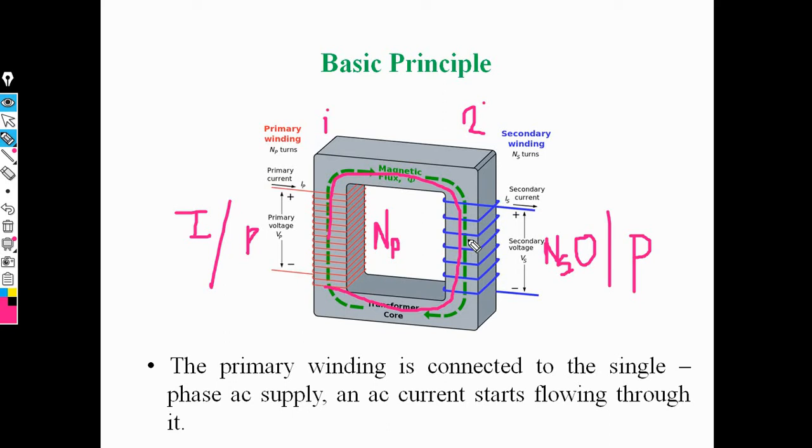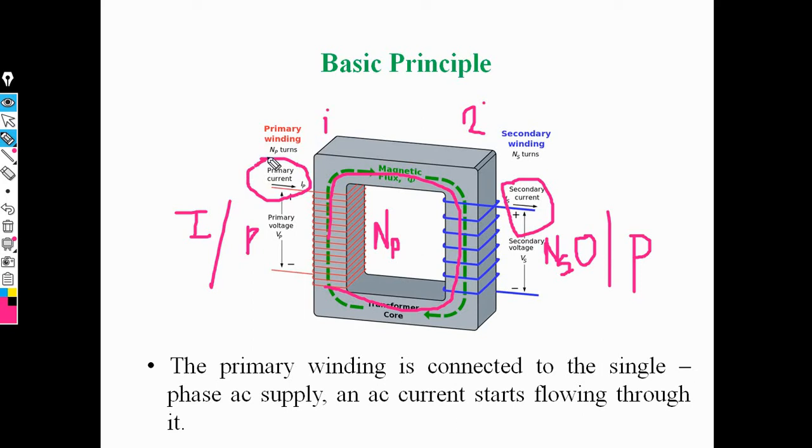Then EMF gets induced in the secondary winding of the transformer. Then secondary current flows through the load side, that is IS. IS for secondary current for the load side, this is the IS current, and this is the primary current, that is IP here.